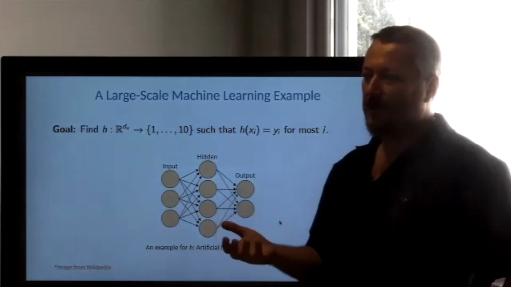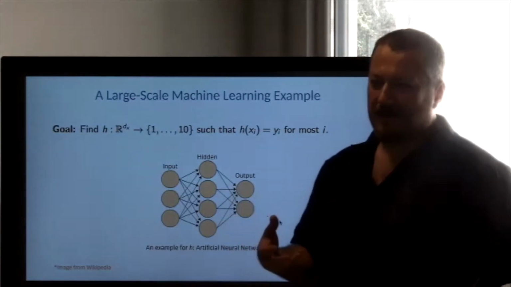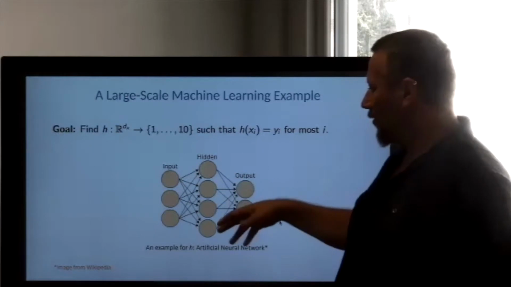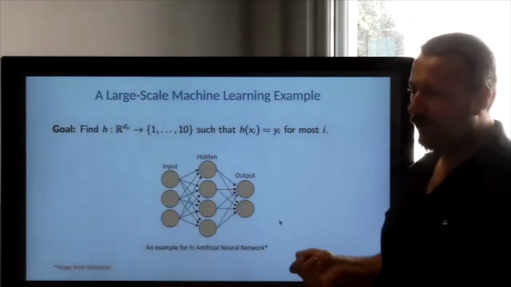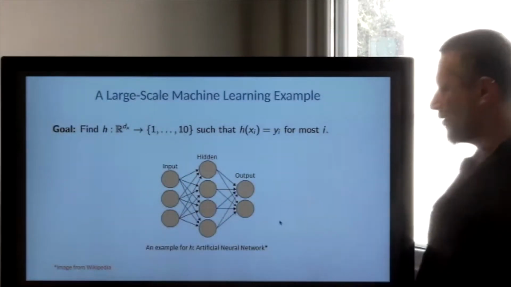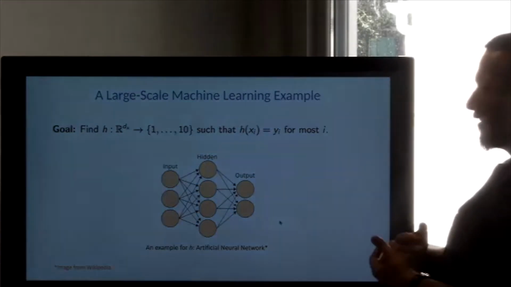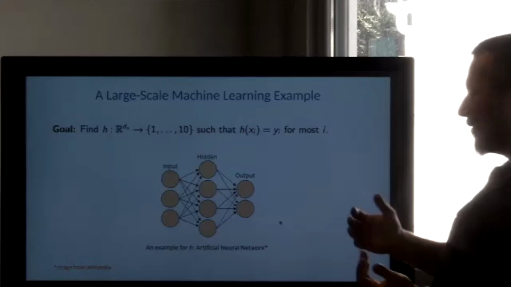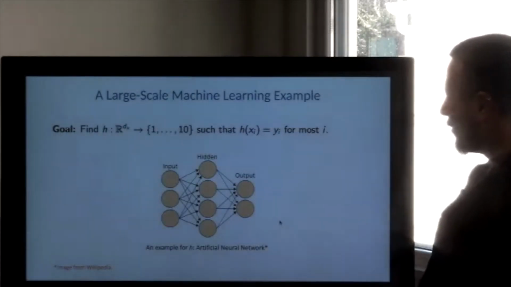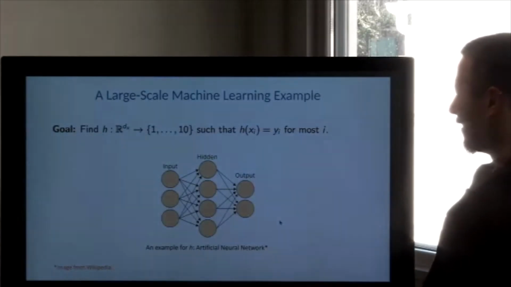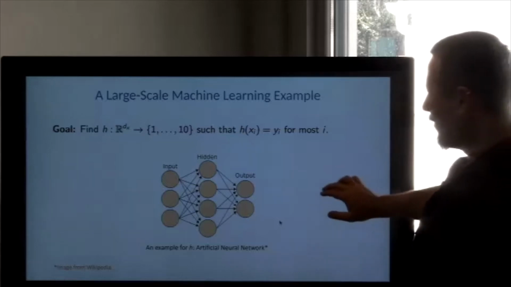And in modern applications, there are millions of weights, these arrows, and thousands, maybe tens of thousands of nodes. I'm not really sure, but millions of weights, I'm sure of that, 20 million, 40 million, maybe even more. So this is a very simple representation of these.